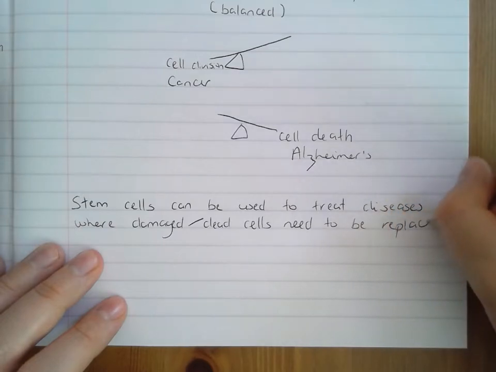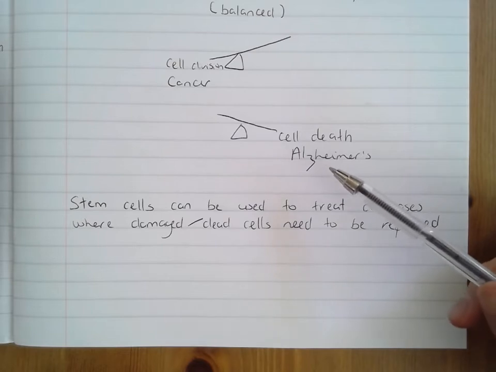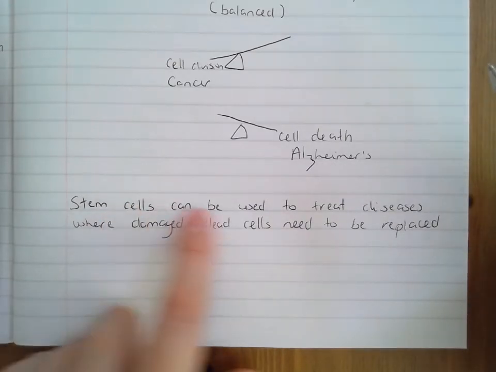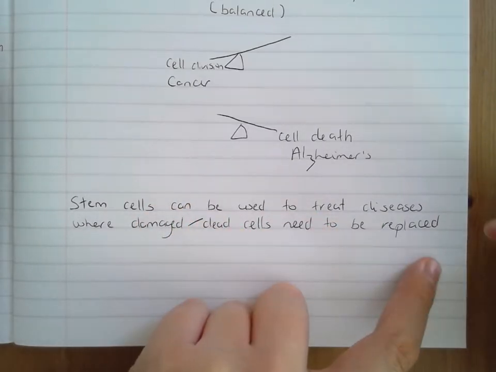An example of that would be Alzheimer's disease, where you've got cells, nerve cells in your brain that are being damaged and that are not being repaired. Okay, so stem cells can be used to treat diseases where these damaged or dead cells need to be replaced.